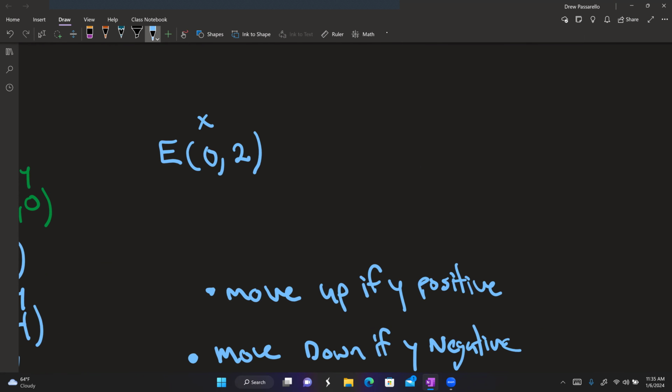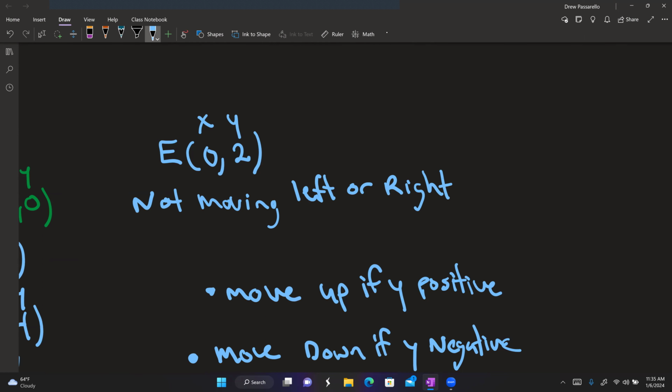So the x component is 0, y component is 2. Because it's a 0 for x, you're not going to move left or right any amount. I'm just writing not moving left or right. But the y component is a number that's not 0, it's positive 2. So since it's positive y, you would move up 2.